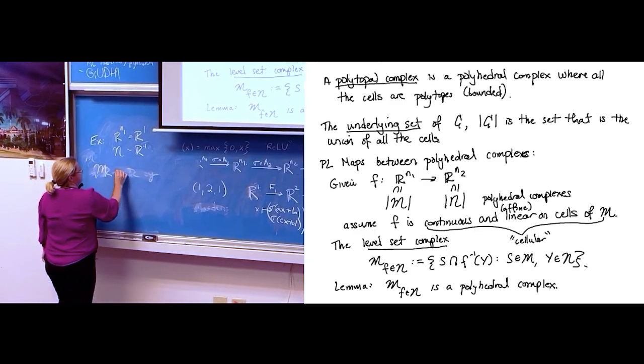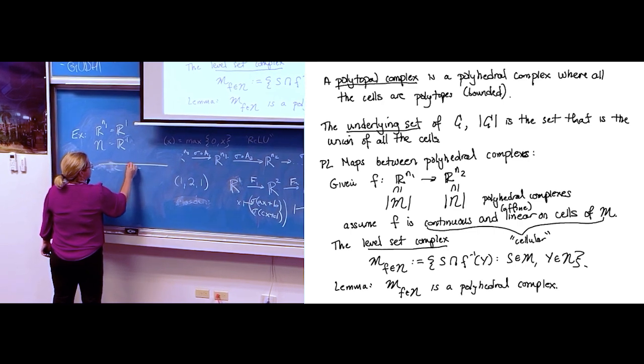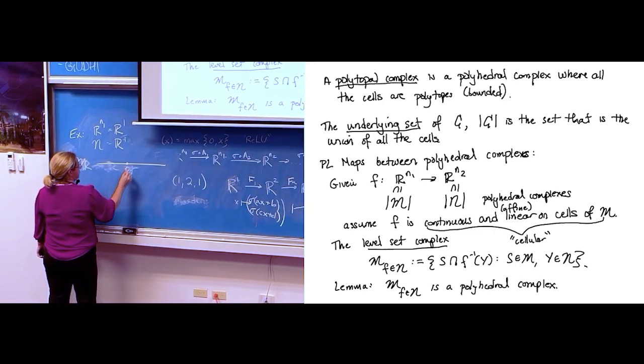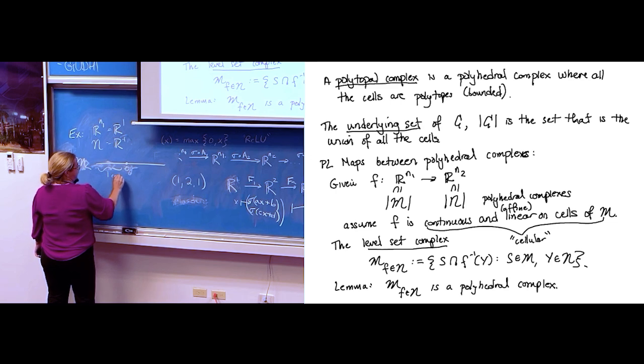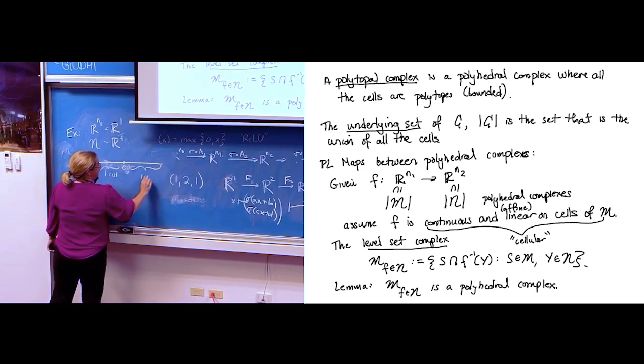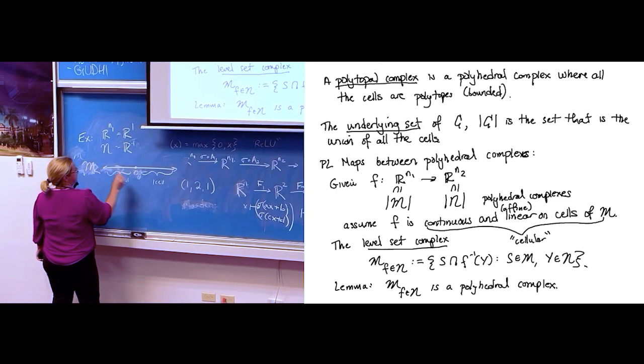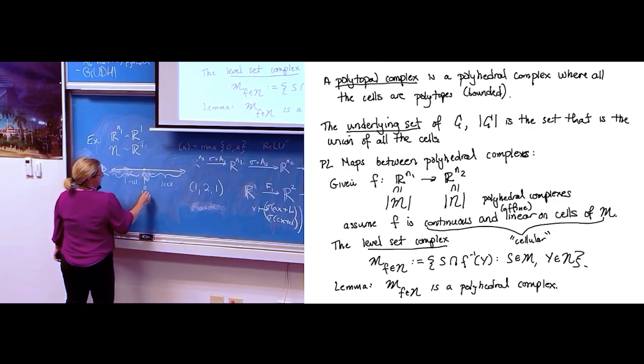M is going to be, this is 0, and it has a 1 cell, this is a 1 cell, an unbounded 1 cell, and then there's a 0 cell.